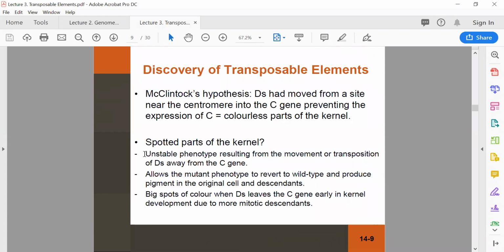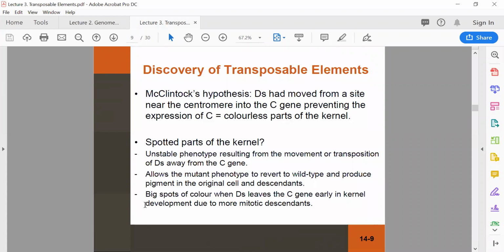So this unstable phenotype resulted from the movement or transposition of that DS away from the C gene. This allows the mutant phenotype to revert back to wild type and produce those pigment spots in the cell in which it happened and in all the descendants from that cell.